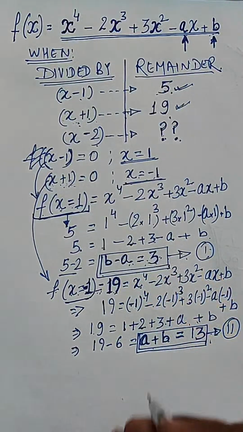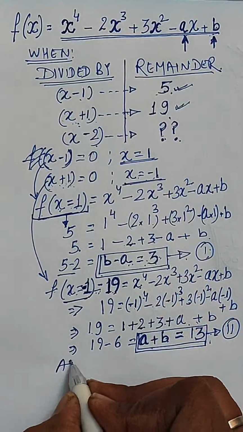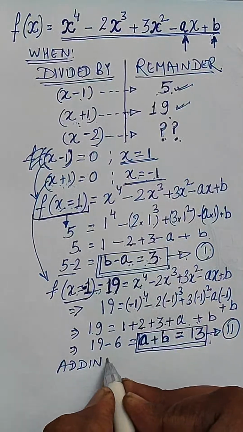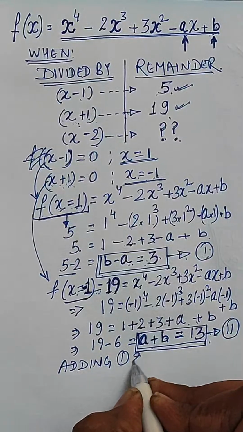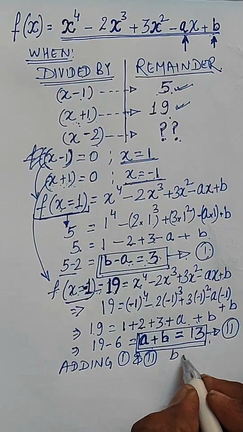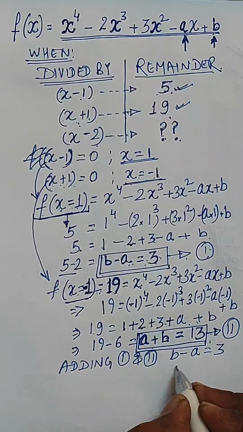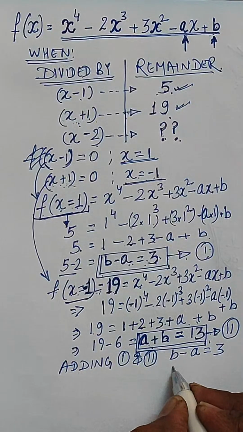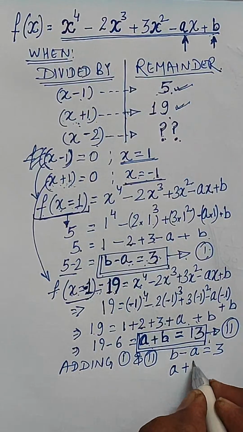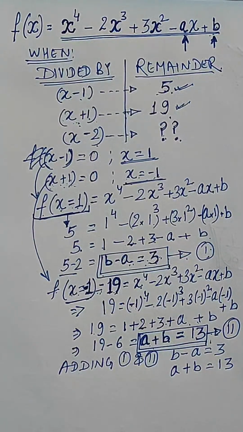Just solve it. When you add both the equations, adding 1 and 2, that means here b minus a equal to 3 was the equation number 1, and a plus b equal to 13 was equation number 2, right?